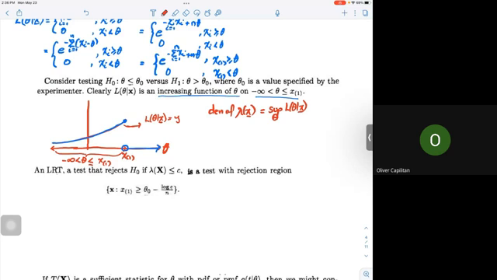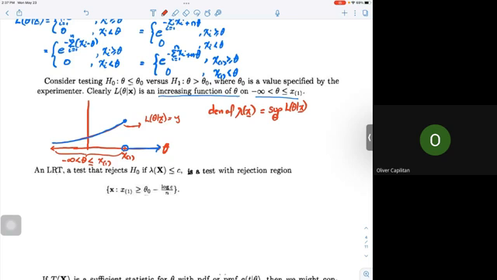If you look at the blue graph, this likelihood function will be maximized when our theta is equal to the minimum order stat.